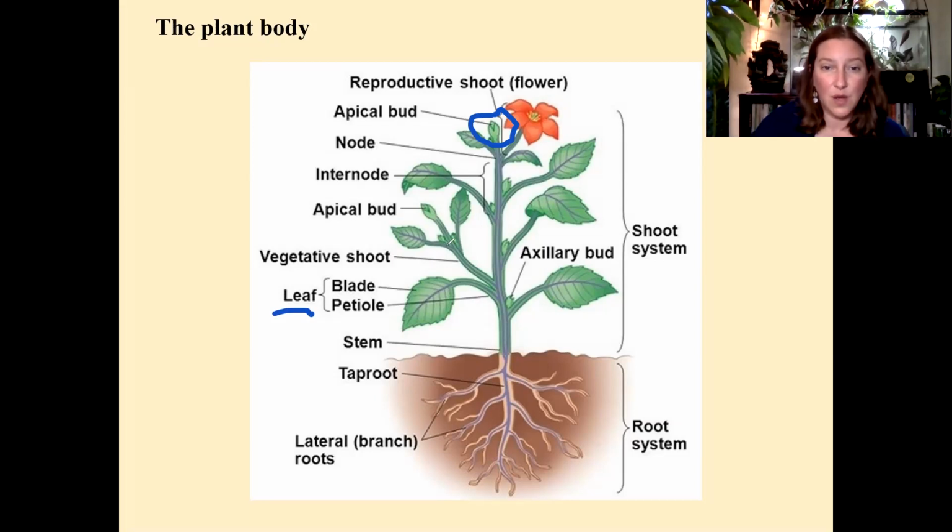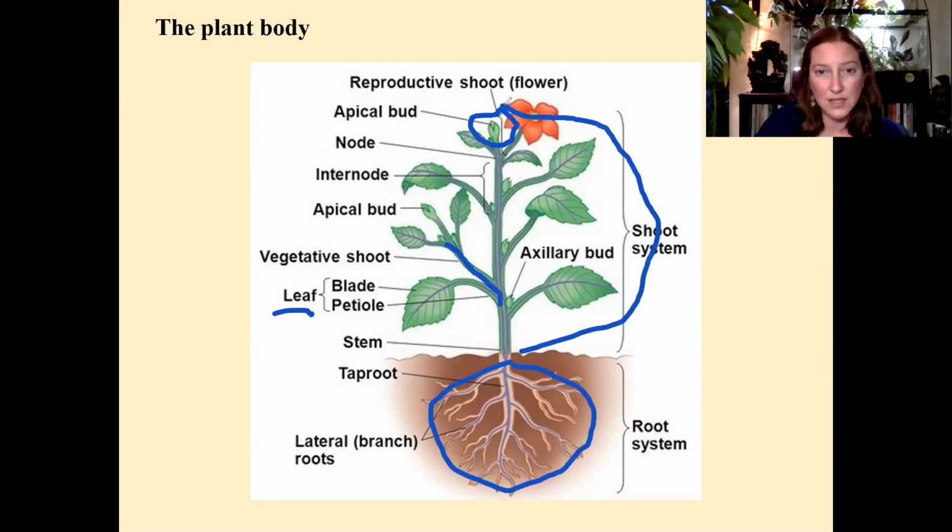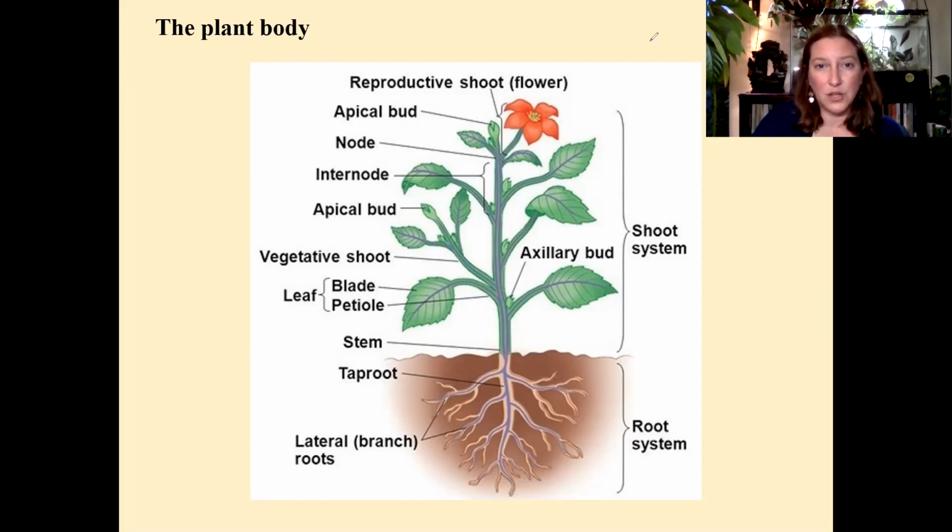But you have leaves, you have shoots, you have a root system. This whole top part is a shoot system. So the leaves, stems, and flowers are part of this shoot system. We will get oriented with a lot of these terms as we go forward in the class. But just to give you an idea, this is a plant, guys.